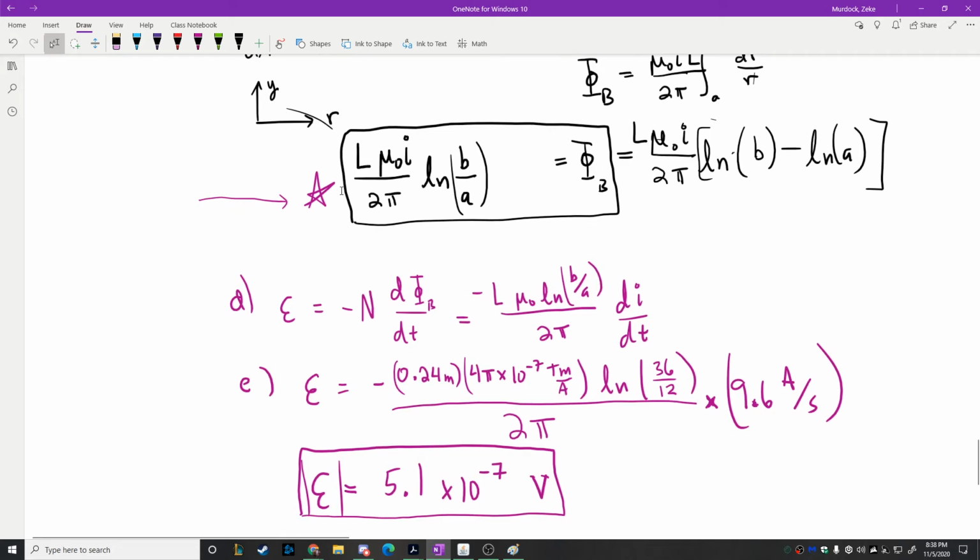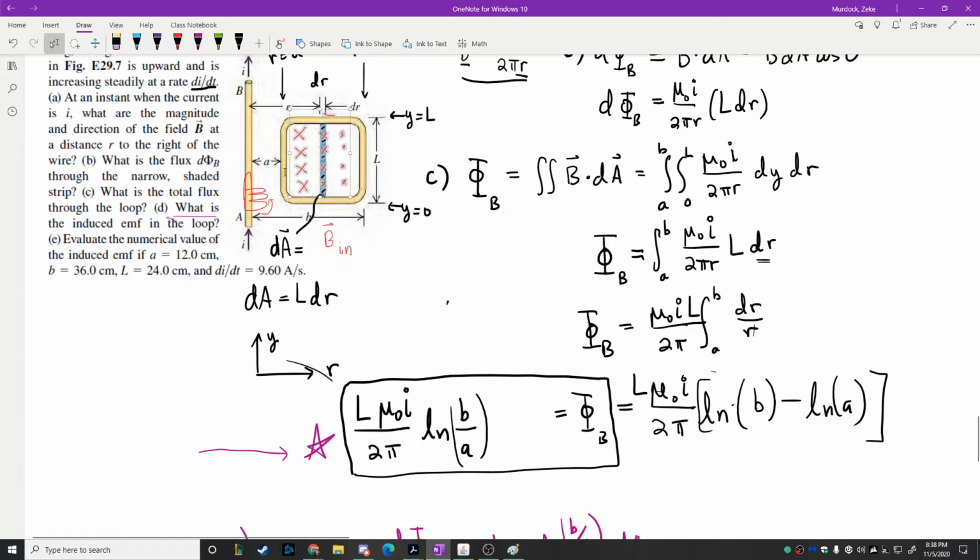So, up to this point, the calculation and the derivation you're going to do are going to be the same. The difference is that A is going to be a variable. The loop is moving to the right, so A is going to be represented by something like X, and B is technically going to be a variable too, X plus the length of the wire right here.